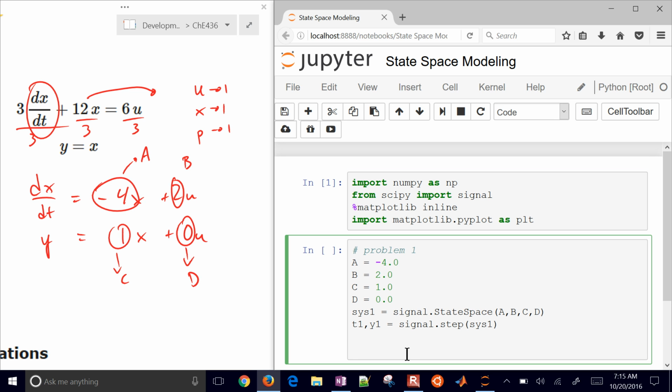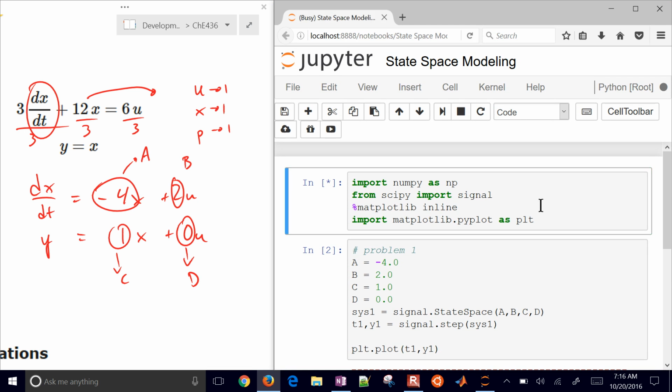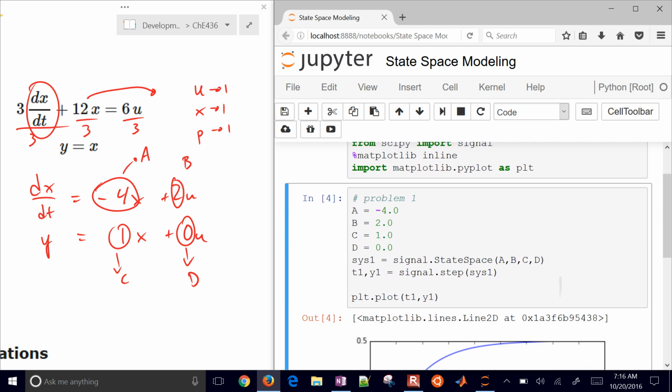Okay, so we want to be able to see this plot here, and so I'll just do plot t1 y1. Okay, let's see, I've got an error here. Oh, I haven't run this one yet. I'm going to run that one first, and then I'll run this one with the plt in there.